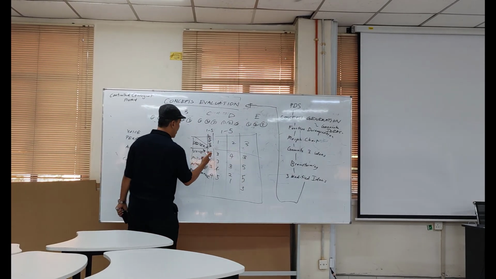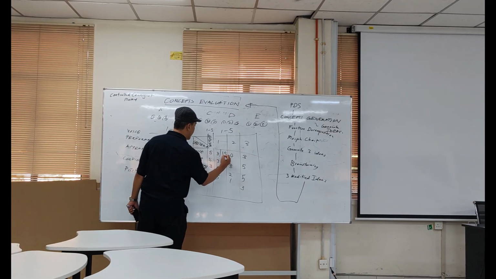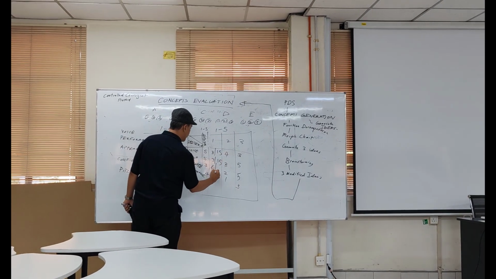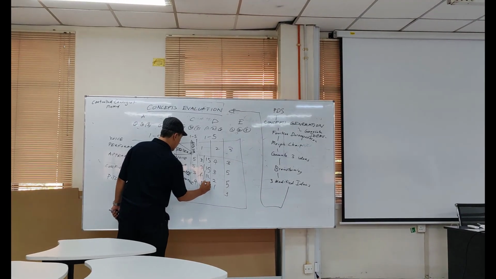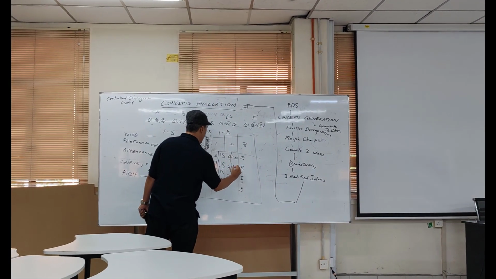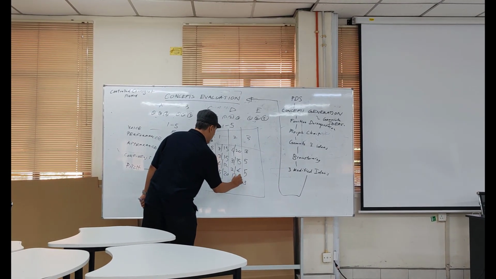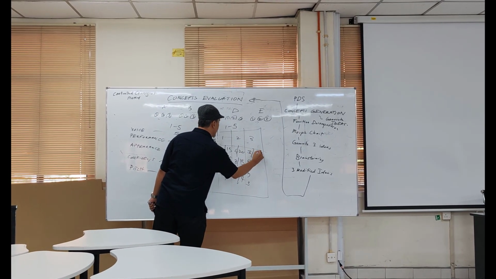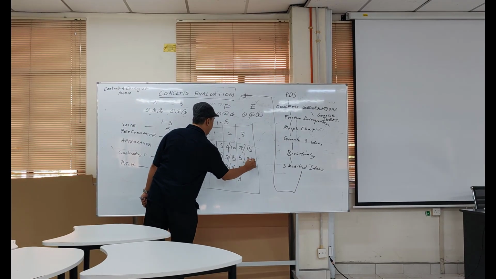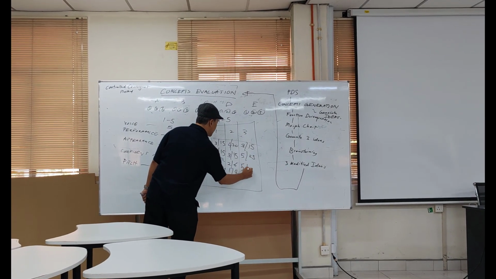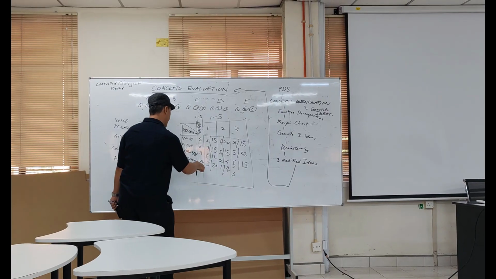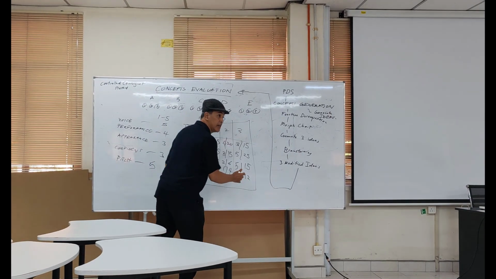So you have to multiply the score by the weighting: 5 times 3 is 15. This one is 15, 12, 15, and so on. This one 25, 5 times the weighting. And this one 4 times 3, 12.